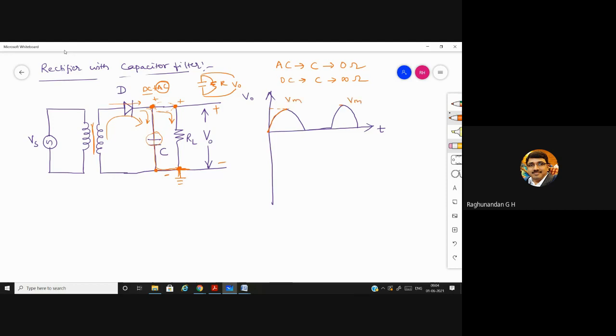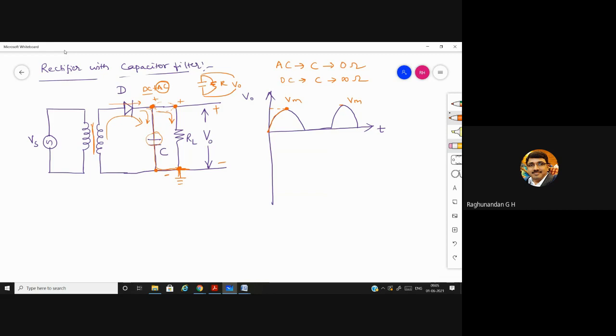Once the capacitor charges to the peak value, the voltage at this junction starts dropping down. But we choose a capacitor in such a way that it will not discharge easily. It can charge fast, but the discharging time is slow.